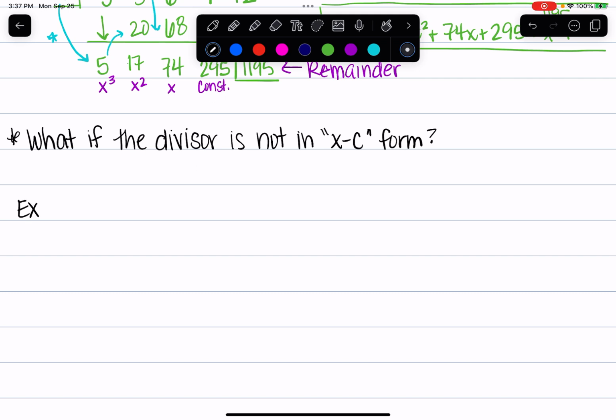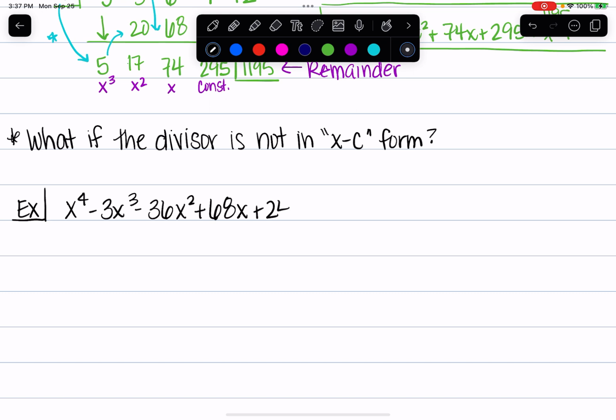So in this example, we have x to the fourth minus 3x cubed minus 36x squared plus 68x plus 240, all divided by x squared minus 4x minus 12.